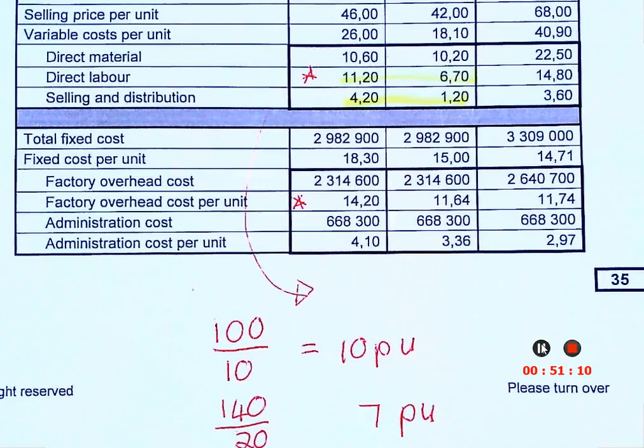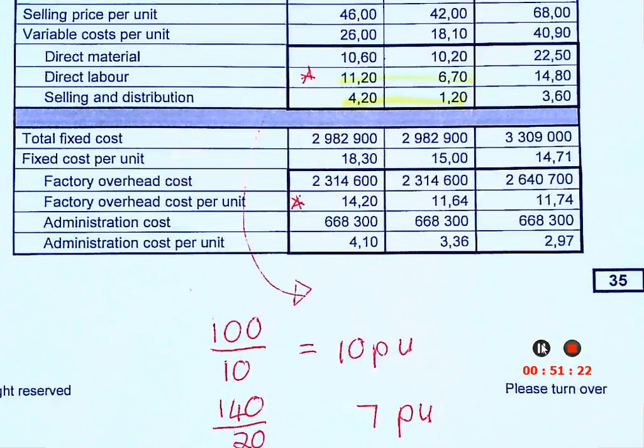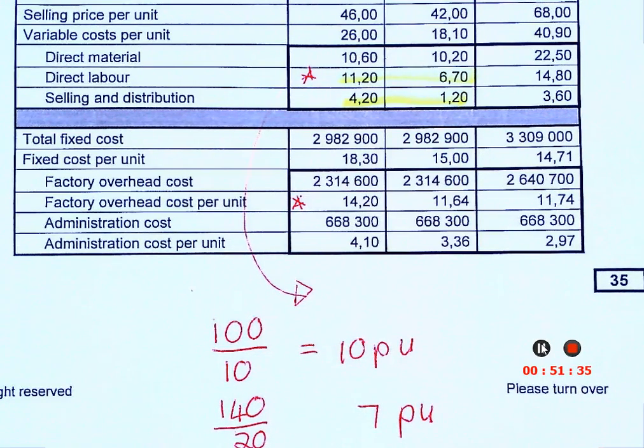What is the difference? A fixed cost is not determined by the units, whereas a variable cost is determined by the units. It's like if I switch on the lights and the fans, I use the same amount of electricity if there's one person in the class or if there's all of you.